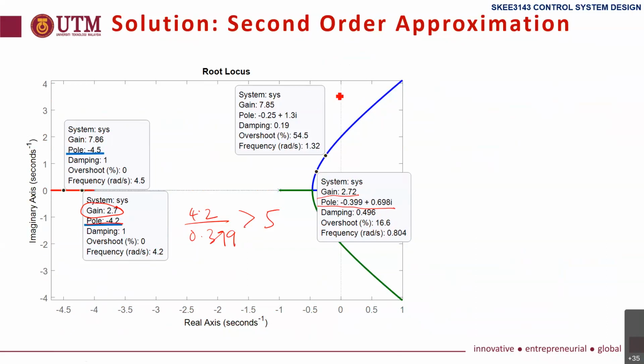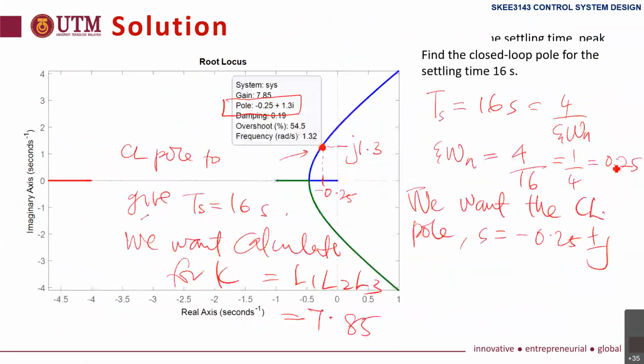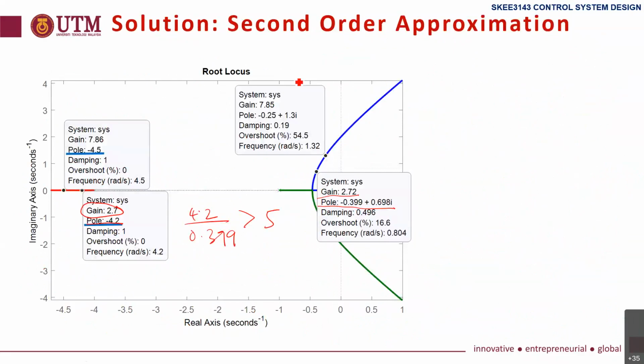I also checked the other problem that we saw, which is to obtain settling time of 16 seconds. So the pole here is minus 0.25 plus j1.3. Of course, we also have the conjugate, negative j1.3. The gain is 7.85. There is another pole at the same gain 7.85. The pole is minus 4.5.